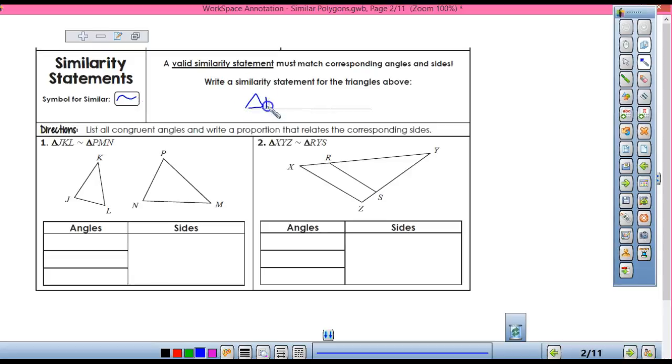We've got triangle ABC, right? That's my little triangle. Is similar to, so we just use that similarity symbol, that squiggly line, triangle... what goes with A? D. What goes with B? E. And what goes with C? ABC goes with DEF.